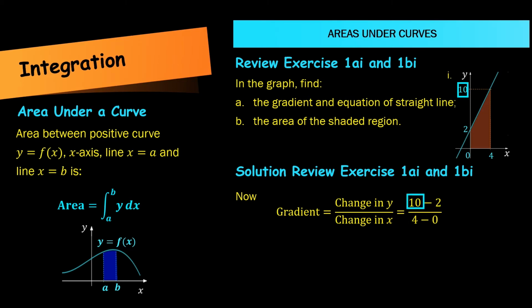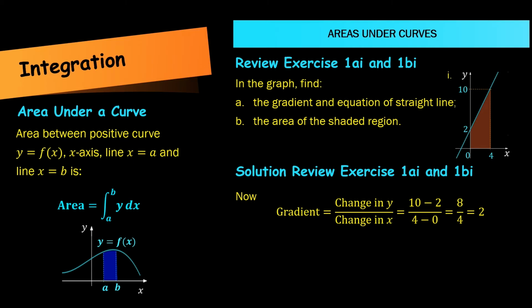So in this graph, it is 10 minus 2, representing the change in y, divided by 4 minus 0, which gives us 8 over 4, which equals 2.